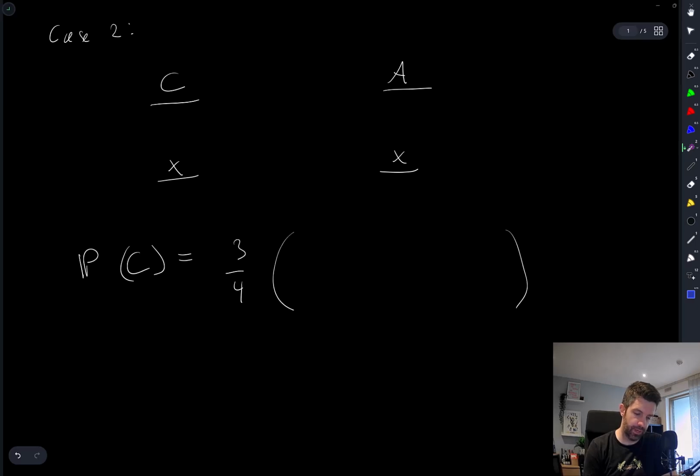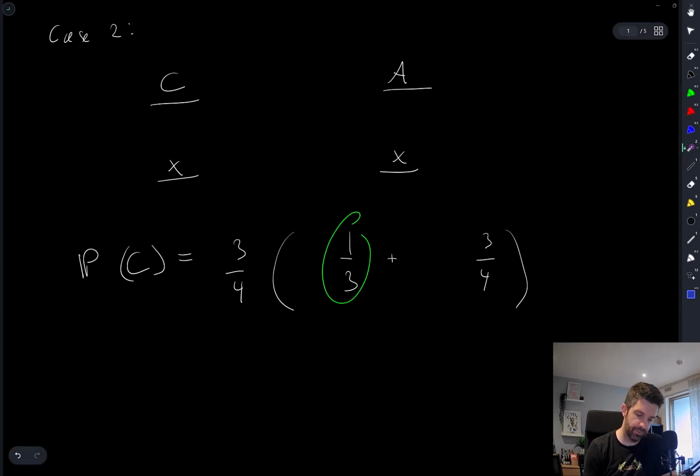If Carl's in the finals, the probability he wins against Azar is a third, and the probability he wins against X is 3/4.